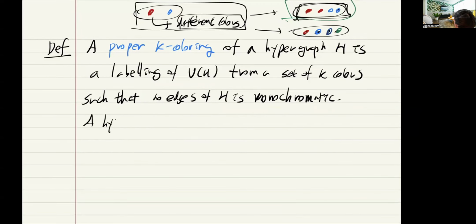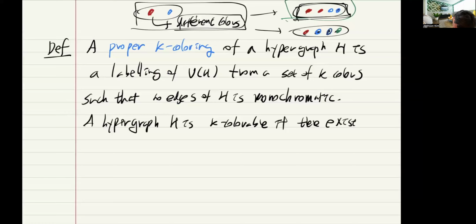And we say that our hypergraph H is k-colorable if there exists a proper k-coloring of H.